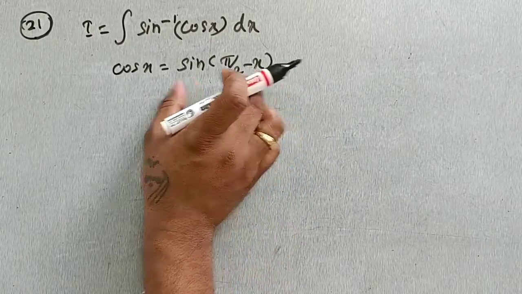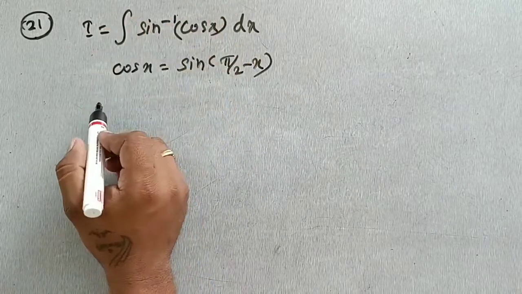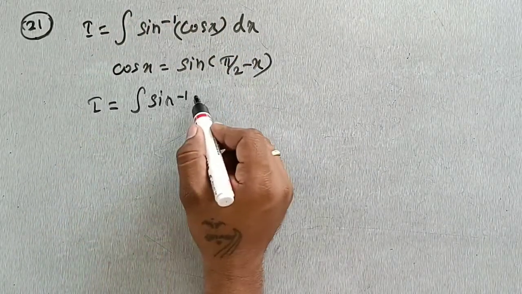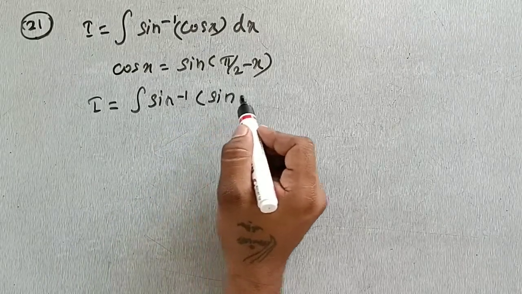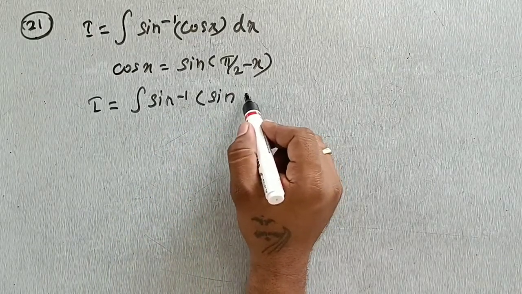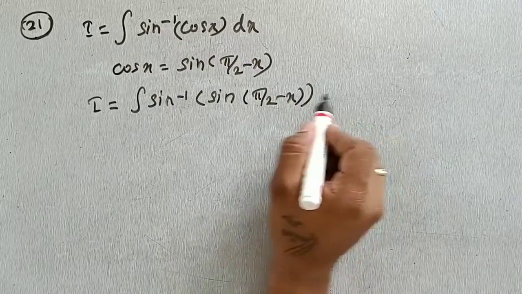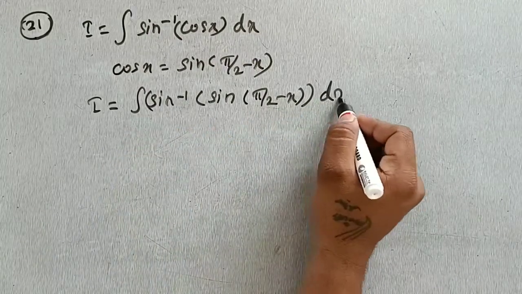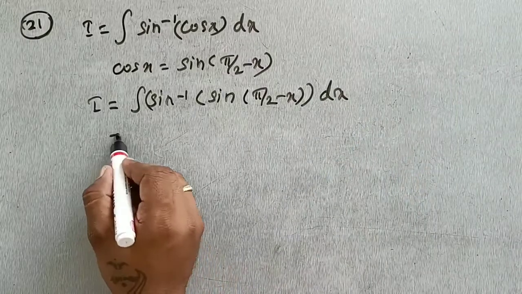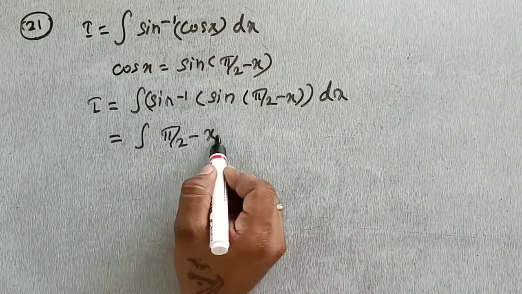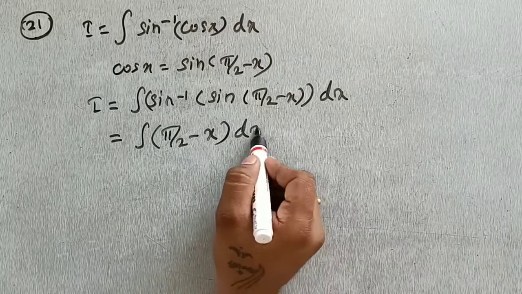Sin 90 minus theta equal to cos theta, that I can use here. So integral I equal to sin inverse of sin of pi by 2 minus x into dx. Clear? Now this can be written as integral pi by 2 minus x into dx will come.